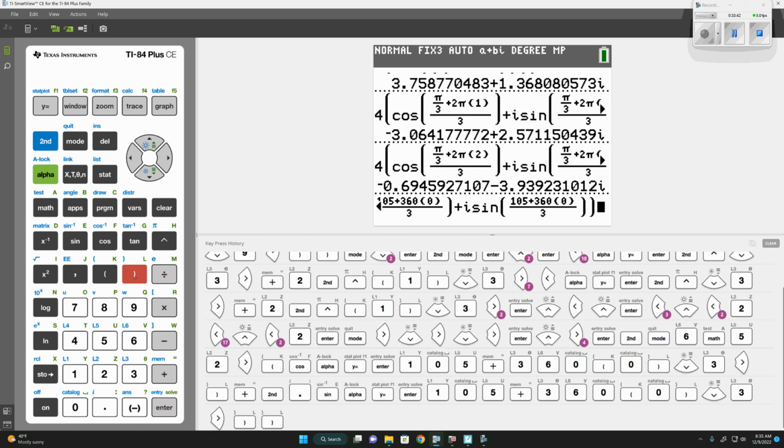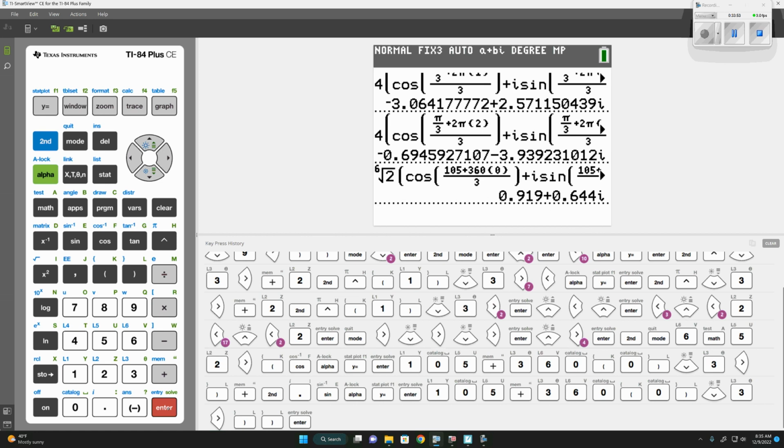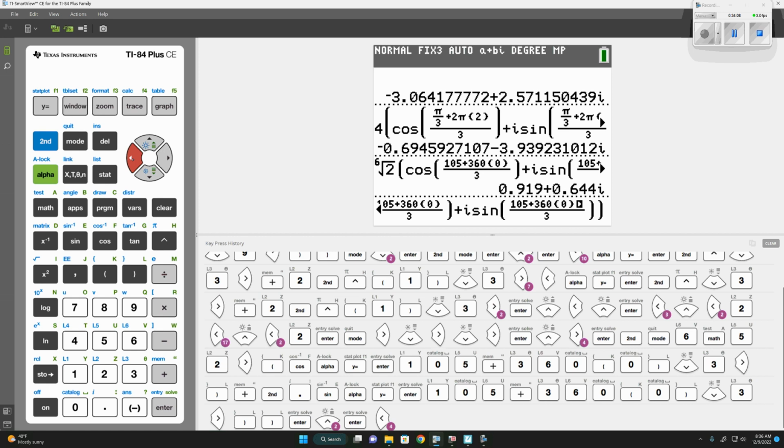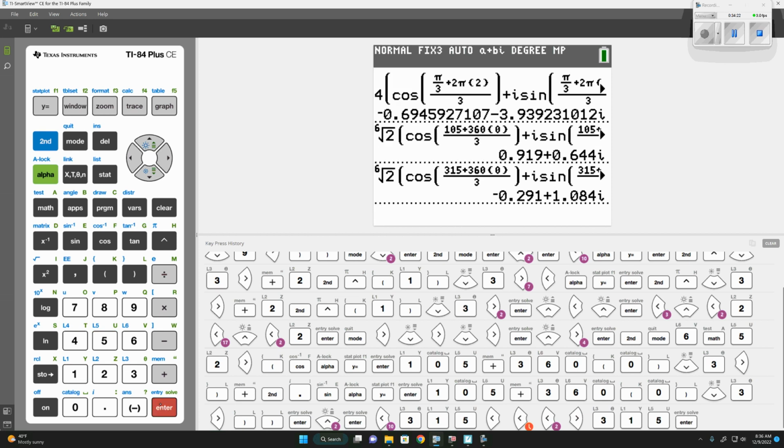We're going to get decimals and we're going to have to round. If it's on the test, well, we already have the answer: the 6th root of 2 times cosine of 105 plus i sine of 105, and I would move on. So here, we get 0.919 plus 0.644i. 105 was what we simplified it to. This is the correct answer.